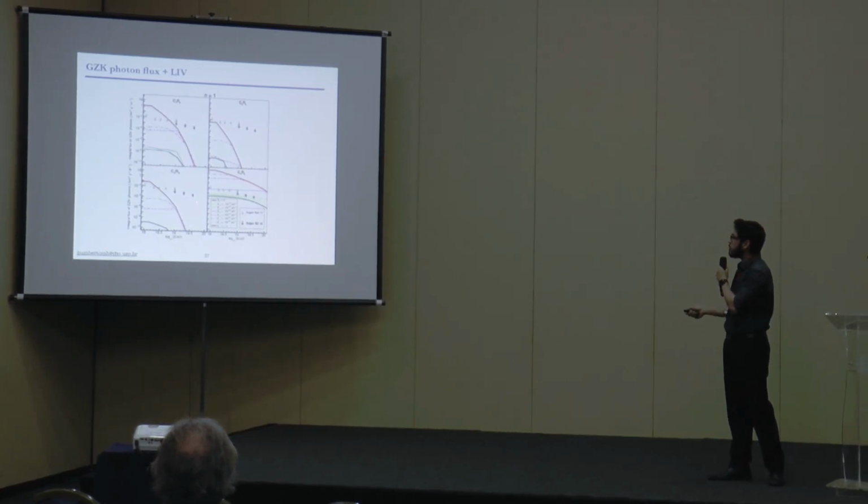Now we can compare with the latest Auger upper limit to the photon flux. Here they are in gray and in these dark arrows. You can see, for instance, in this scenario that, imagine you have a lot of lines belonging to different LIV scales, many are already discarded.